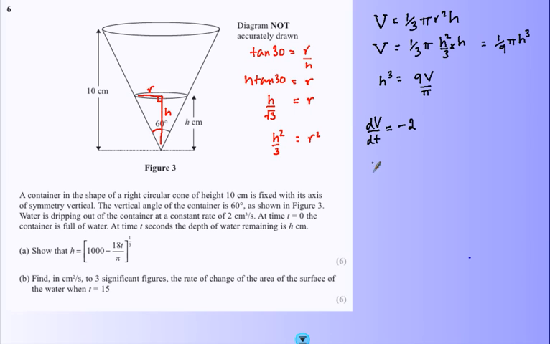If I integrate this, easy integration, so if dv dt is -2, then v must be -2t. Differentiate that and we get that.